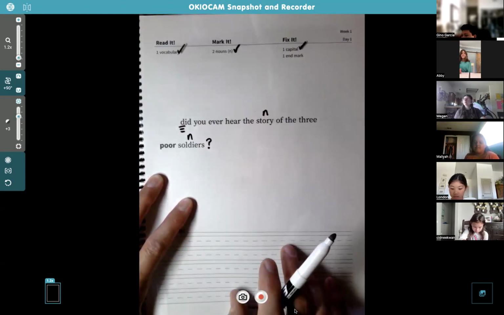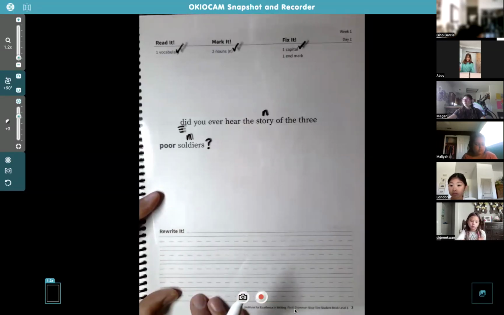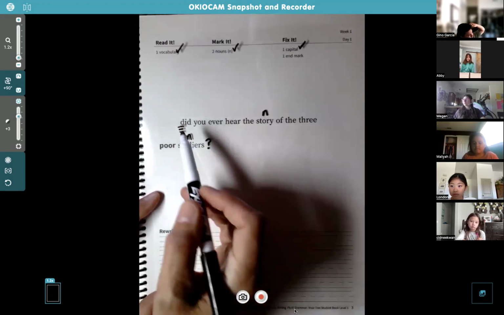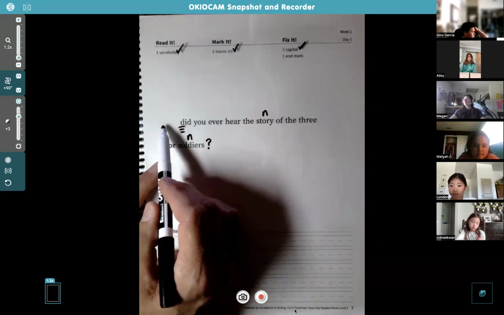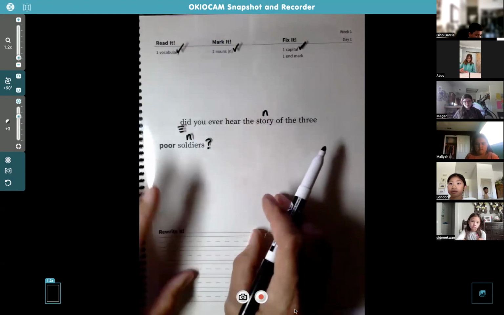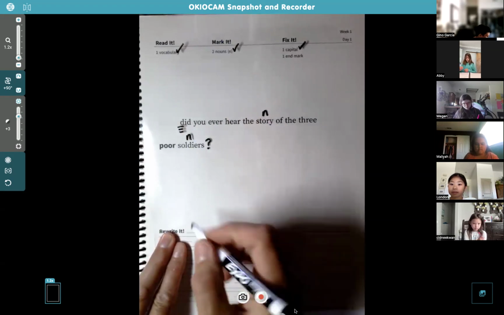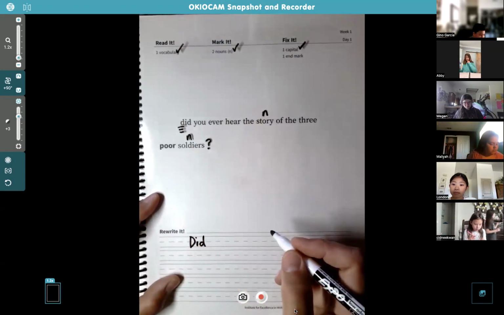So normally I have you do this part later, but for today, since this is your first page, I'm going to have you rewrite it at the bottom, but notice something right here. Do you see the space before did? That's the indent. Okay, so it's moved over. So I want you to do a 2-finger space to start with. And then you're going to write your capital D for did.